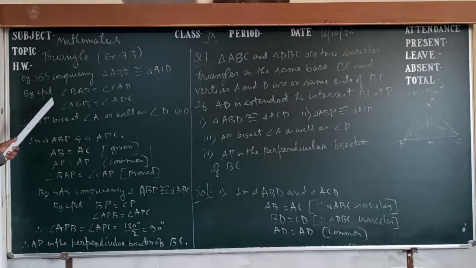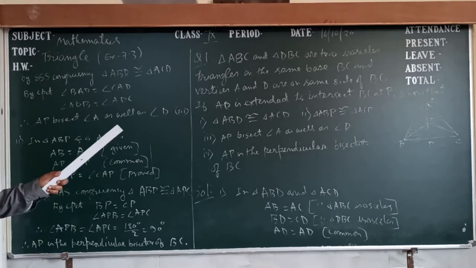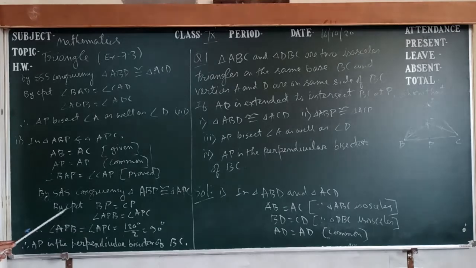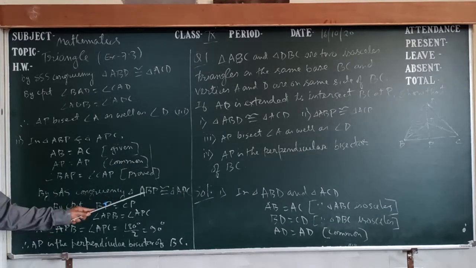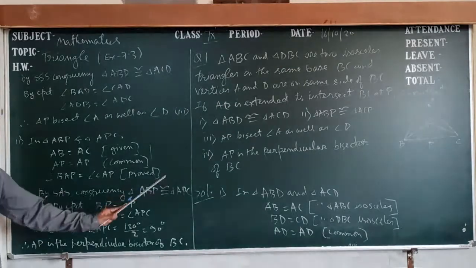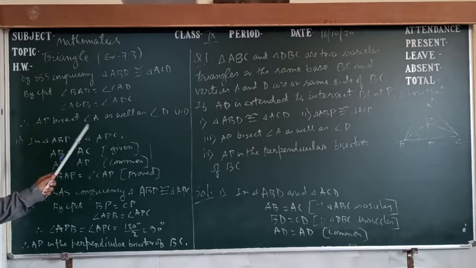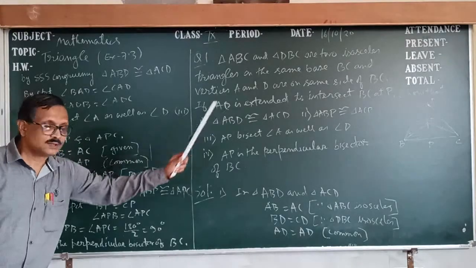We have considered two sides and one included angle, so the rule is SAS congruency. By SAS congruency, triangle ABP is congruent to triangle APC. So we have proved the second one.